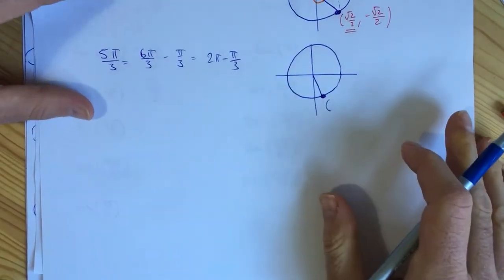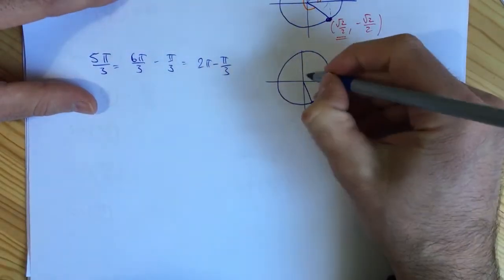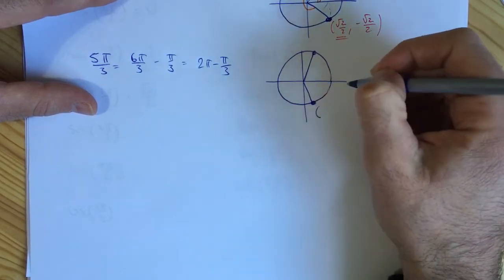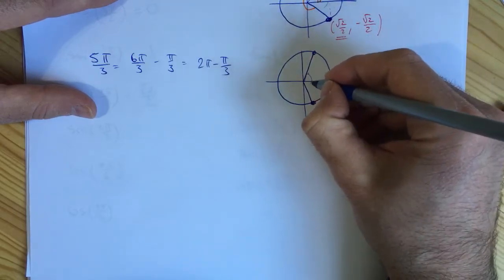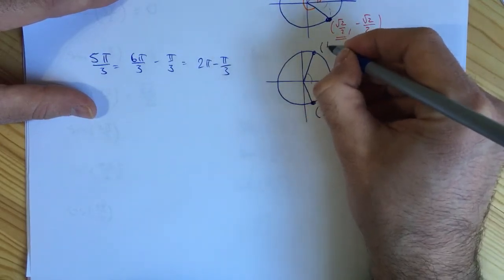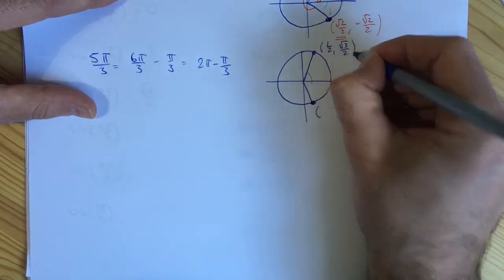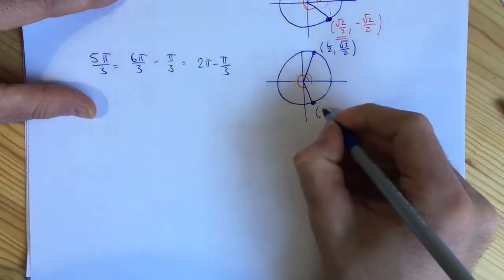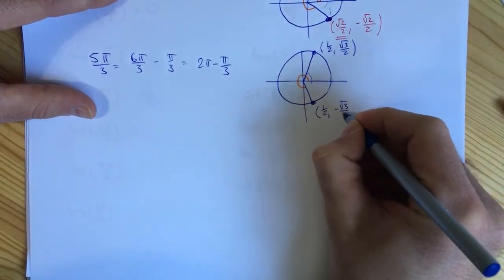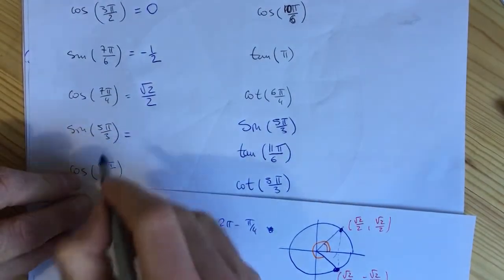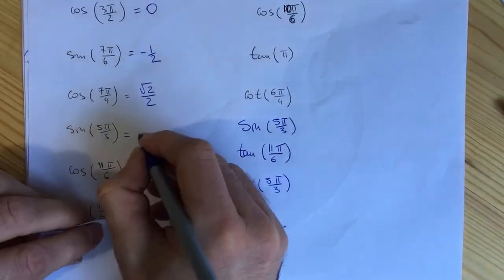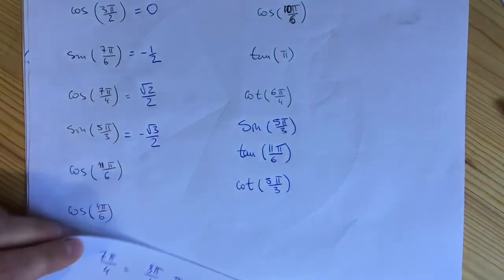If you don't know, and nobody expects you to know these coordinates by heart, always have, what did I say? These 3 pairs of coordinates in the first quadrant you have to know. So if this is pi over 3, then you know that the coordinates are 1/2 and square root of 3 over 2. Then these coordinates by symmetry are going to be 1/2 and negative square root of 3 over 2. Now what is the question? The question was how much is sine of 5 pi over 3? You look at the y coordinate, that's negative square root of 3 over 2.